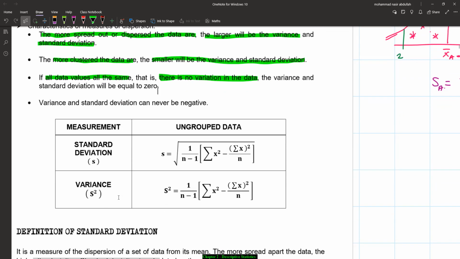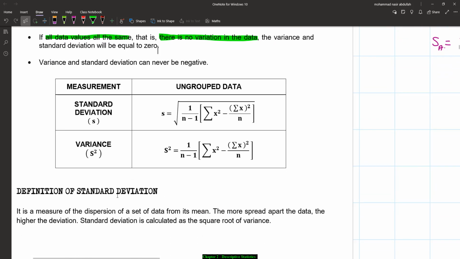Boleh faham? So now let's look at the formula for variance and standard deviation for ungrouped data. So let's look at into variance first. Variance, the symbol for variance is S square. This is a statistics, right? Means a sample variance. Sample variance, symbol for sample variance S square.